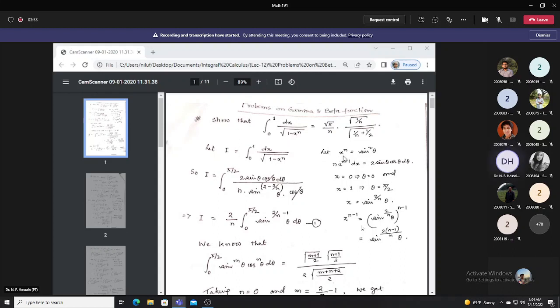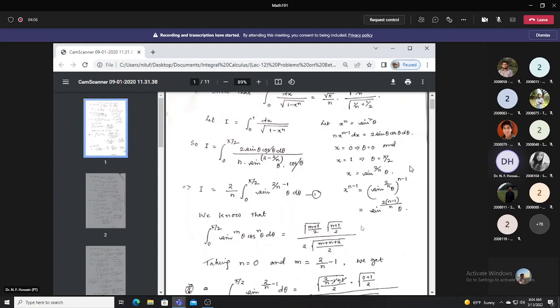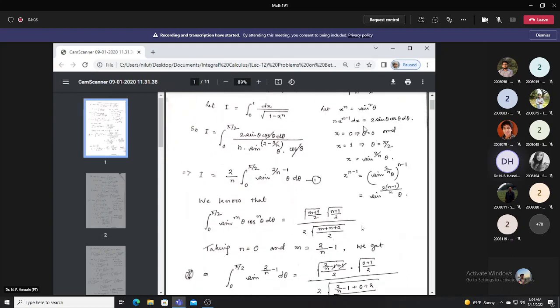So x to the power n equals sine square theta. Take the differential: n x to the power n minus 1 dx equals 2 sine theta cos theta d theta. Now adjust the limits. When x equals 0, sine theta should be 0, so theta should be 0.